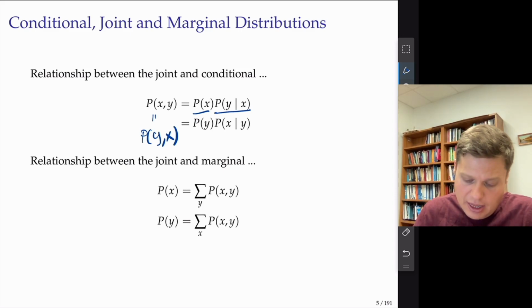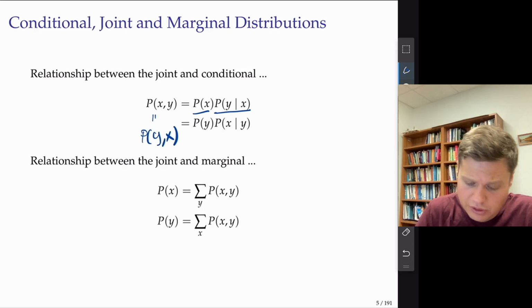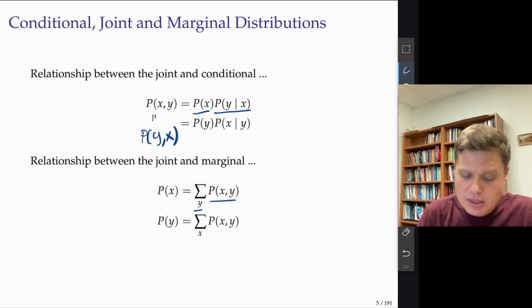All right. And the way to calculate the marginal from joint is you simply sum up all the joints with respect to the variable you try to integrate out. So for the marginal of x, you have to sum out y. And if you want to calculate the marginal of y, you just sum out x.